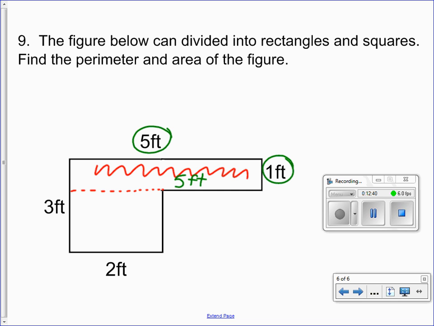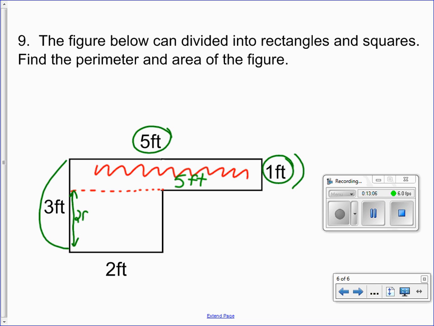Now I need to find the area of the remaining figure. So if I know from here to here is 3 feet, and from here to here is 1 foot, what will this figure from here to here be? It will be 3 minus 1, which is 2 feet.